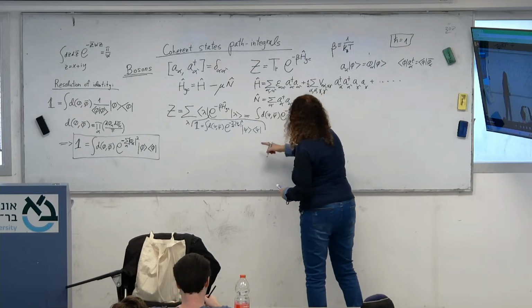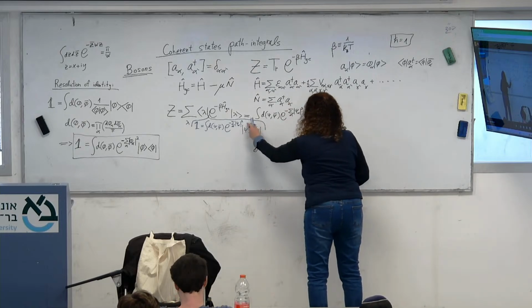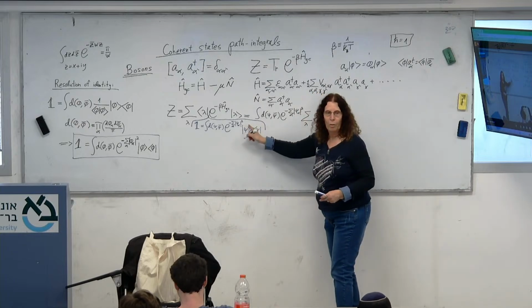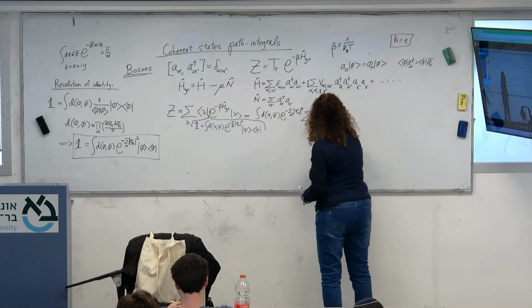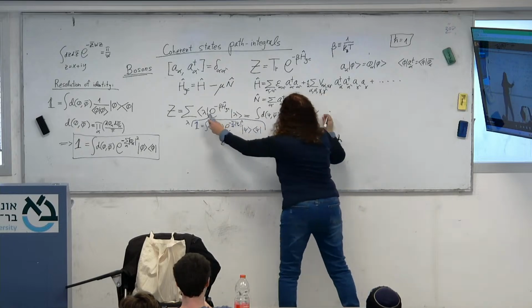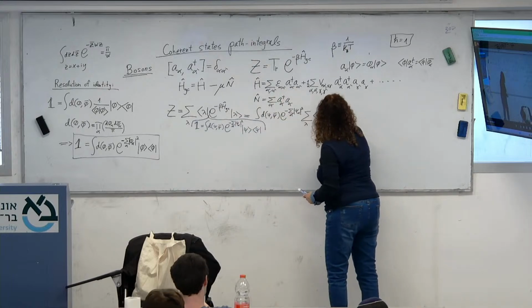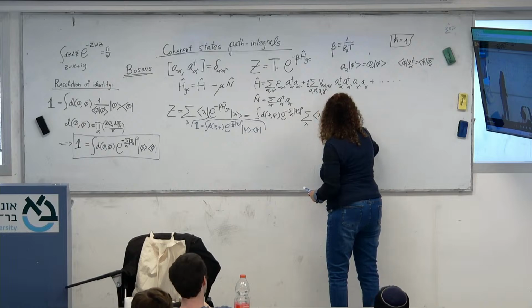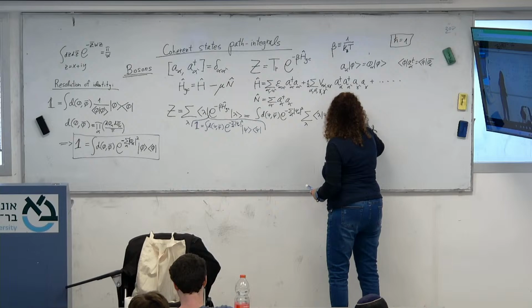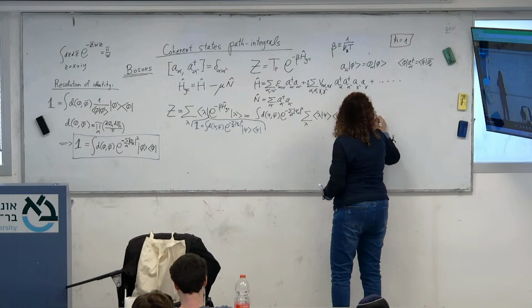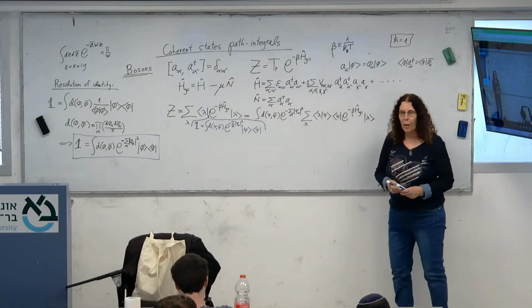And what I still have inside the sum over lambda will still be this projector on psi. So I take this matrix element, original one, and I have d psi e to the minus beta h, ending with lambda. Okay?